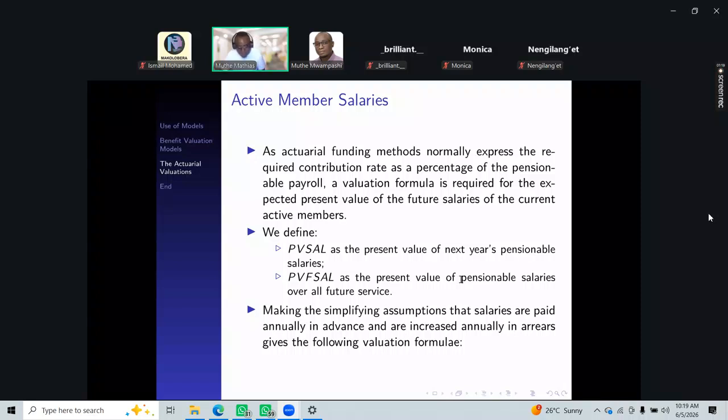So here I'm just going to denote PVSAL as the present value of the next year pensionable salaries. And then of course PVFSL as the present value of the pensionable salaries over all future services. Right. So we have from all and from the next year of service. So this denotes from next year of service, and this one here denotes from all future services.